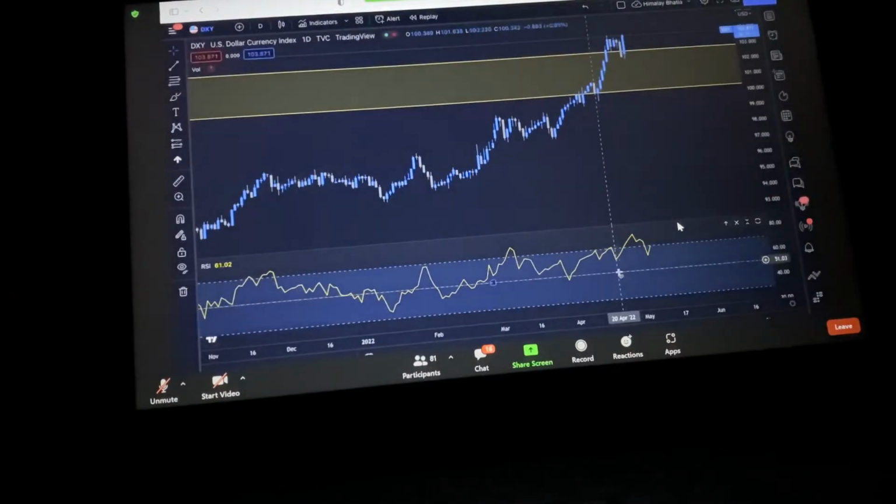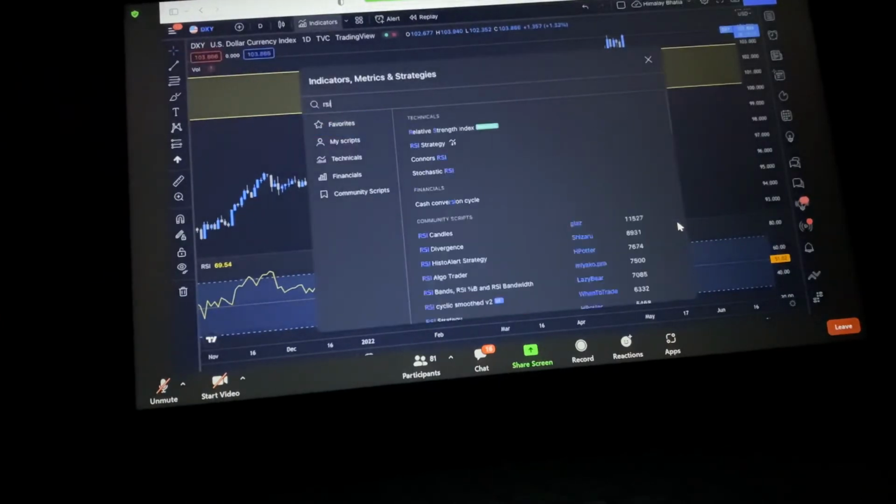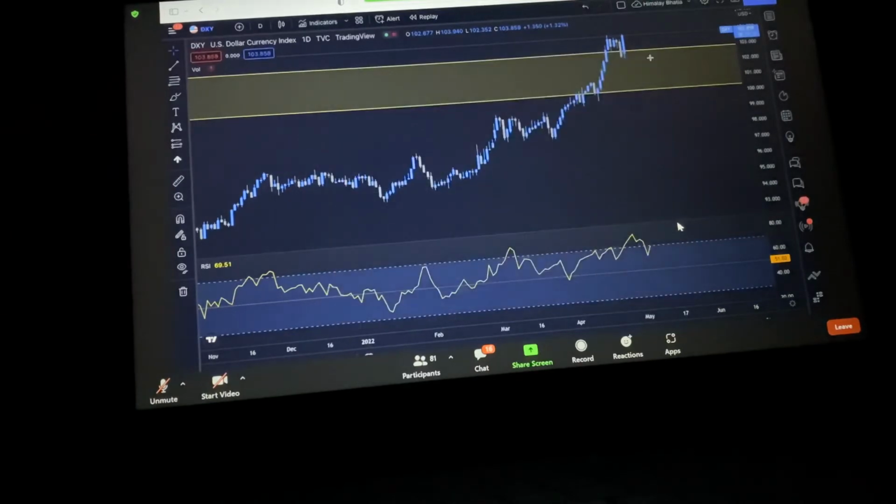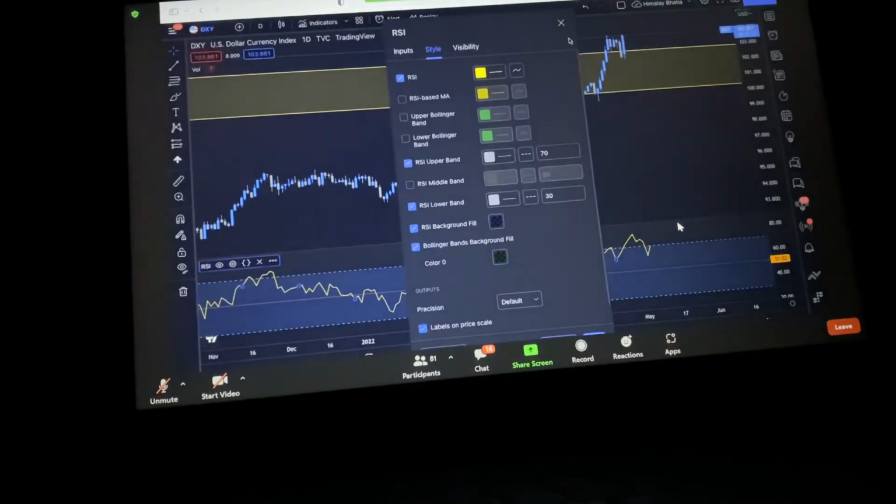To plot your RSI on the chart, all you have to do is click on the indicators and search for RSI. And click on the first one. Don't go for the strategy, don't go for any other one, just go for the simple RSI. Click on it once, and now I'm opening the settings. Please just take a screenshot of these settings.